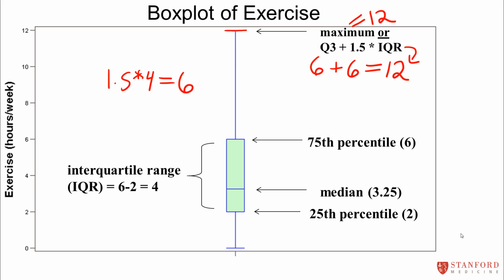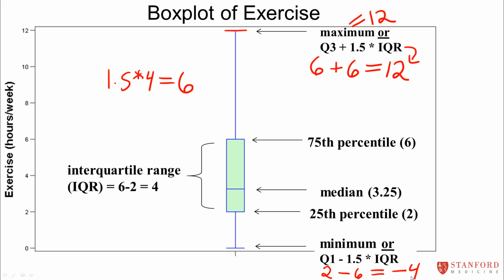For the lower whisker, the lower whisker will occur at whatever is higher out of the minimum value, or the 25th percentile minus 1.5 times the interquartile range. You're going to pick the higher of those two and put the lower whisker there. So in this case, the 25th percentile occurs at 2, minus 6 is equal to -4.